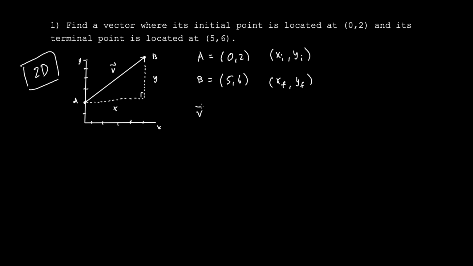Since we know that the equation for a vector is x final minus x initial and y final minus y initial, we can just plug in all our knowns to solve for the vector.